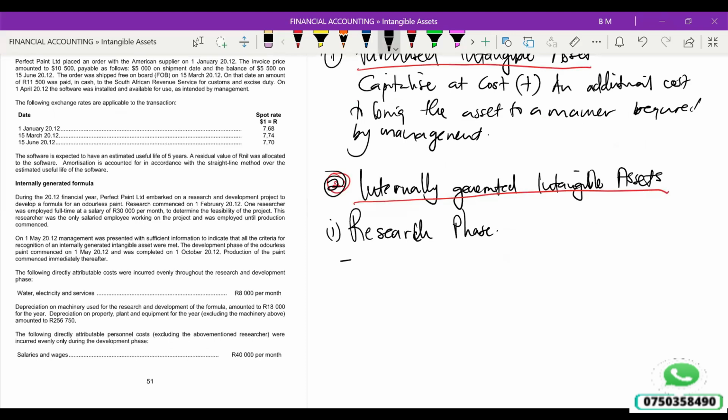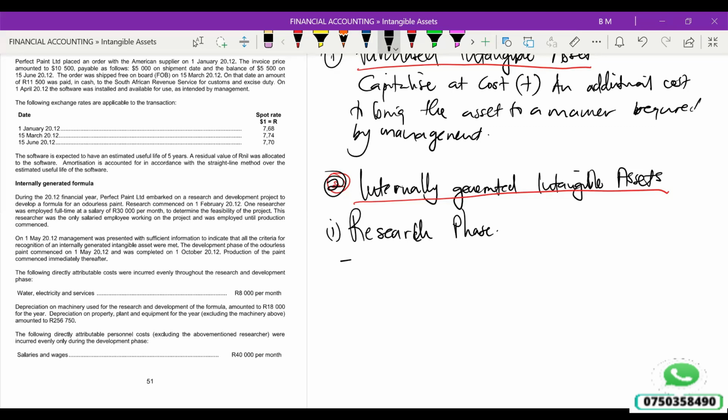So in other words, at this point in time, we are researching to verify if it's actually feasible for us to generate or manufacture this asset internally. So at this phase, we are incurring costs.